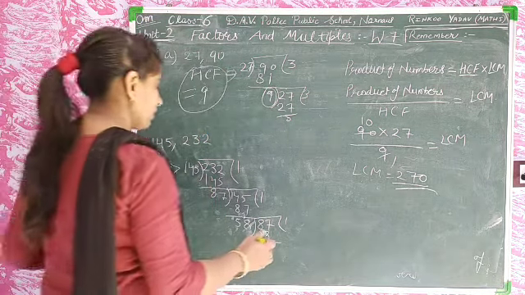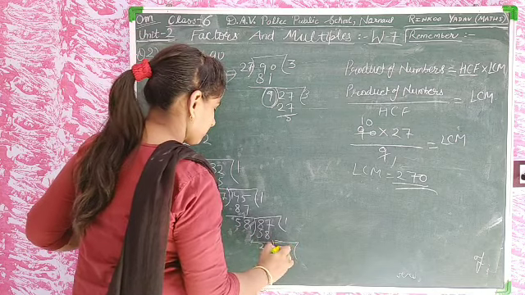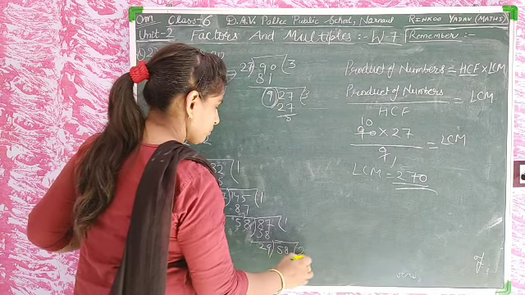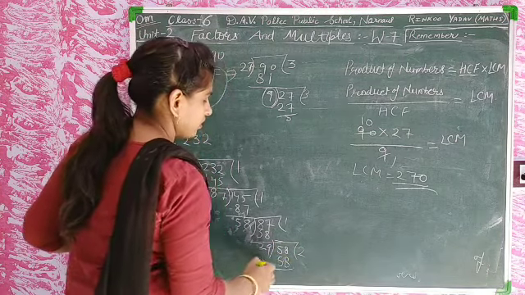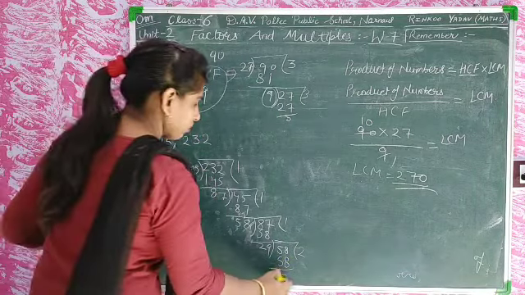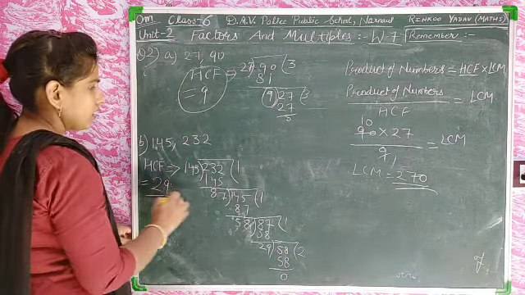Now again, 2 times 29 is 58. Is this clear, students? So HCF is 29.